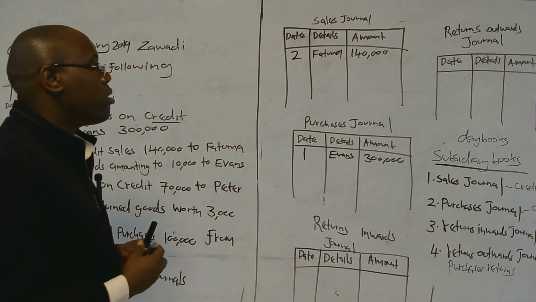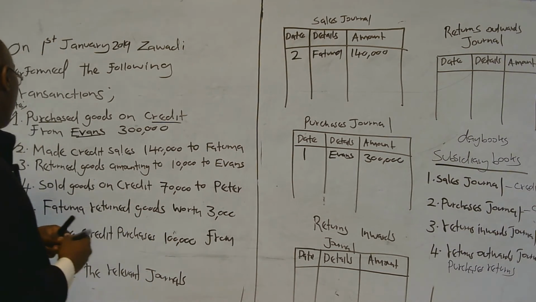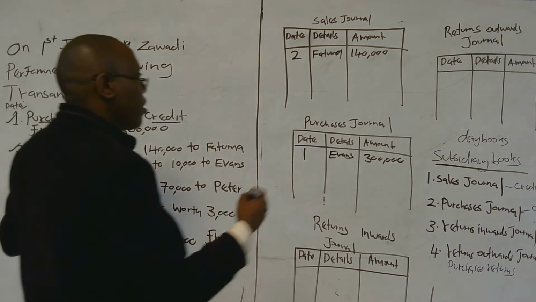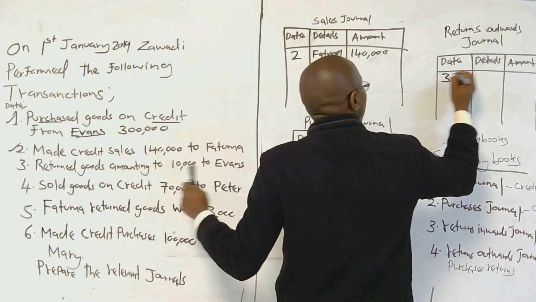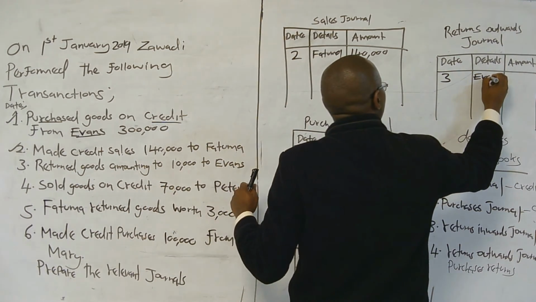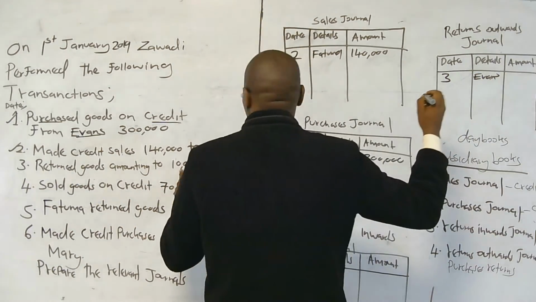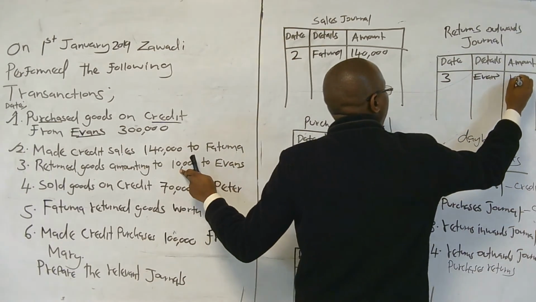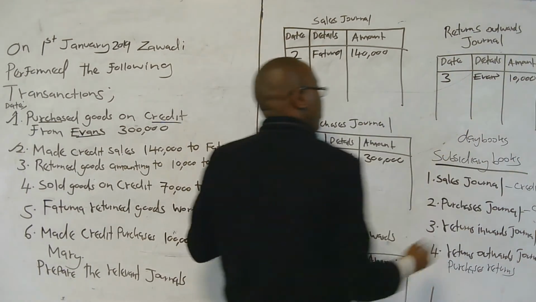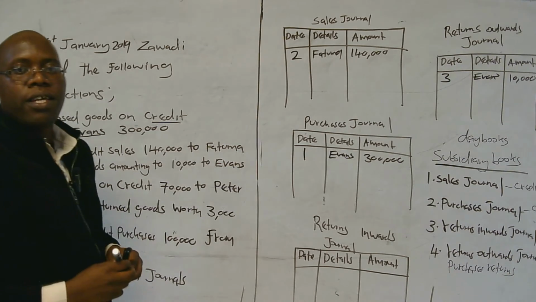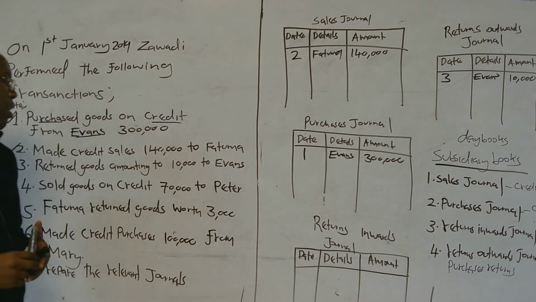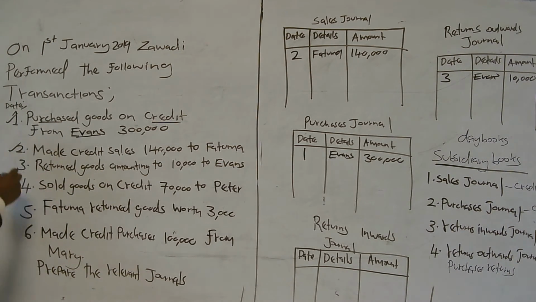What you had purchased, you are actually returning it. So you are going to write date 3 under returns outwards here, and then you write Evans, and then the amount is going to be 10,000 in that particular manner. So we are done with date 3.